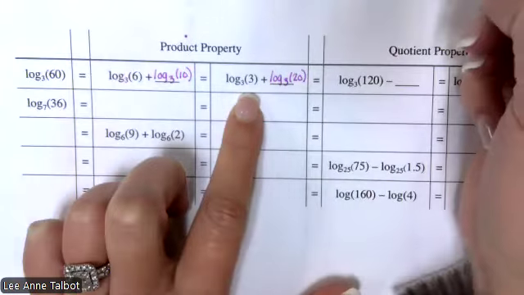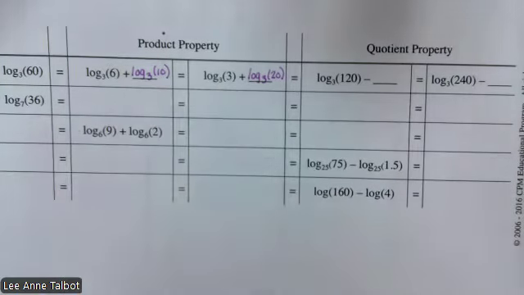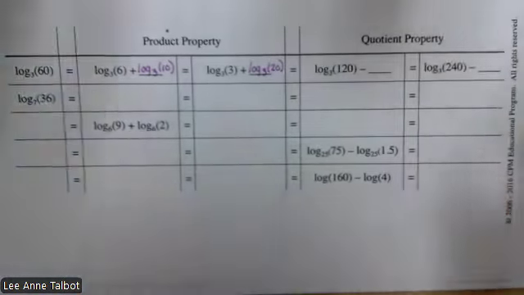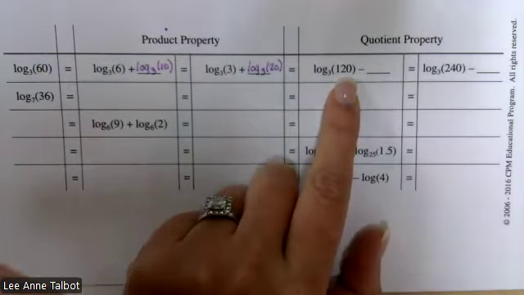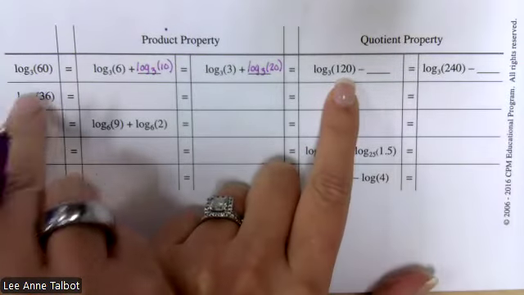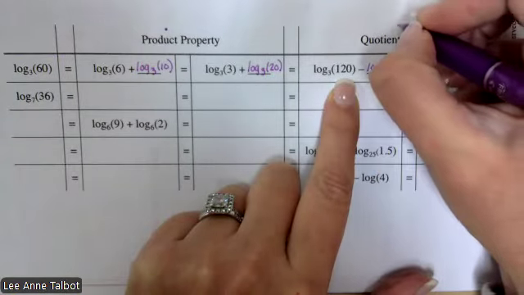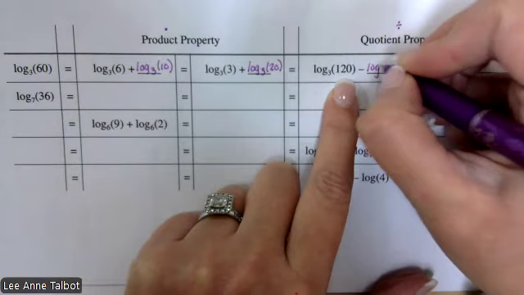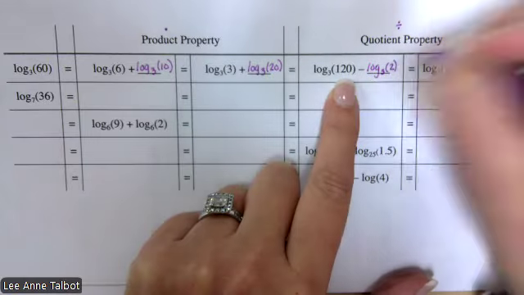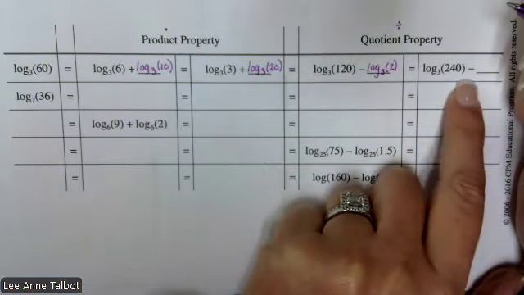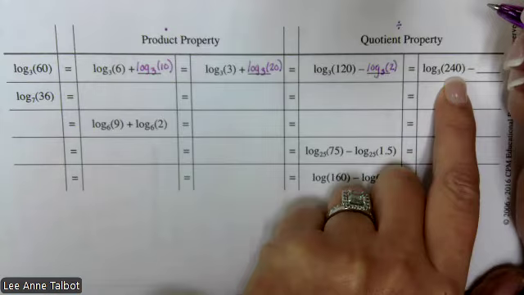Are you picking up what this is laying down here? Okay, now this 120 divided by what is 60? 240 divided by what is 60?